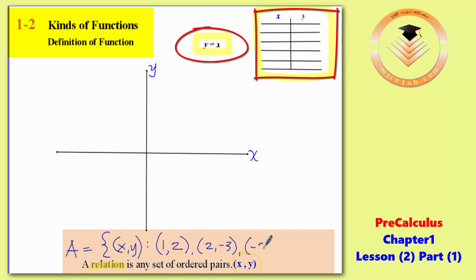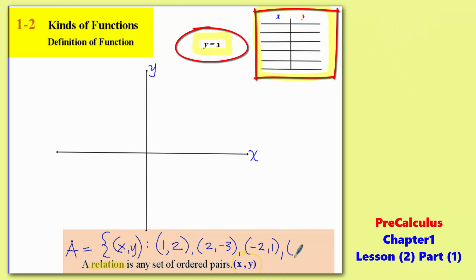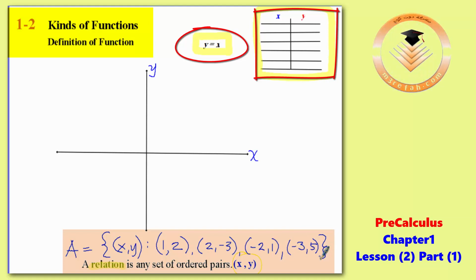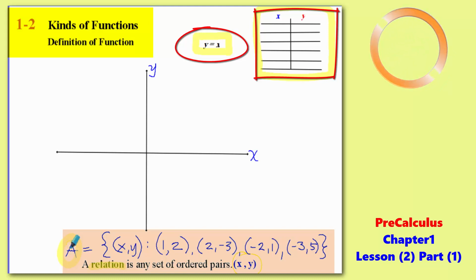We have (-2, 1), (-3, 5), and so on and so forth. Now this set A here defines what we call a relation. But a relation could also be something else, and that's a function. Otherwise, if it's not a function, it will just be a relation.